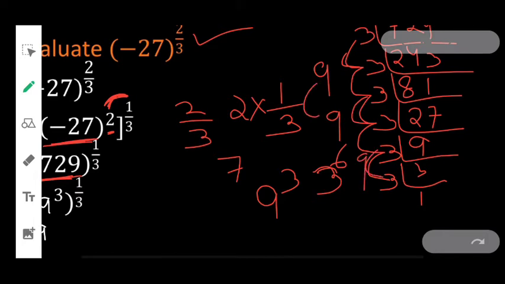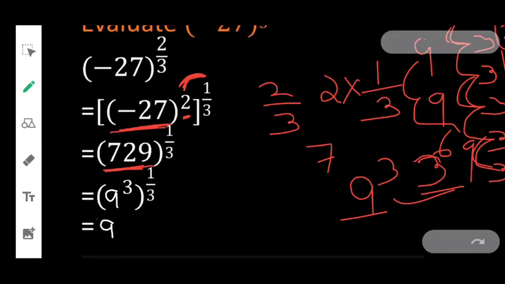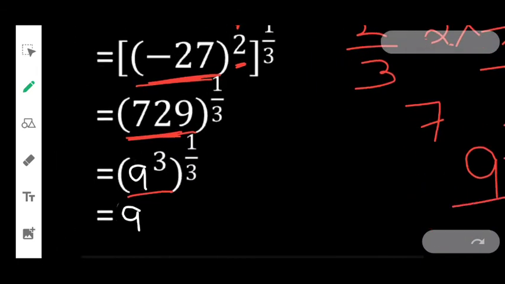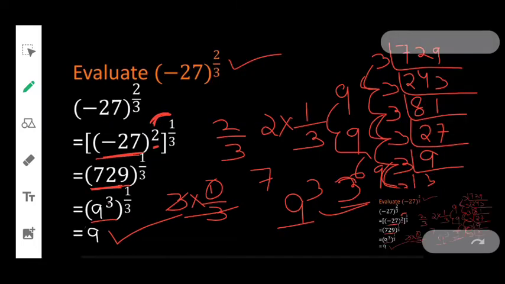So 9 into 9 into 9 will be 9 to the power 3, or you can write 3 to the power 6 also. Both are correct. So here we have written 9 to the power 3. If you remove this bracket, 3 into 1 by 3 will be multiplied. 3 into 1 by 3, the 3s cancel, only 1 remains. So 9 to the power 1 is 9. Clear?